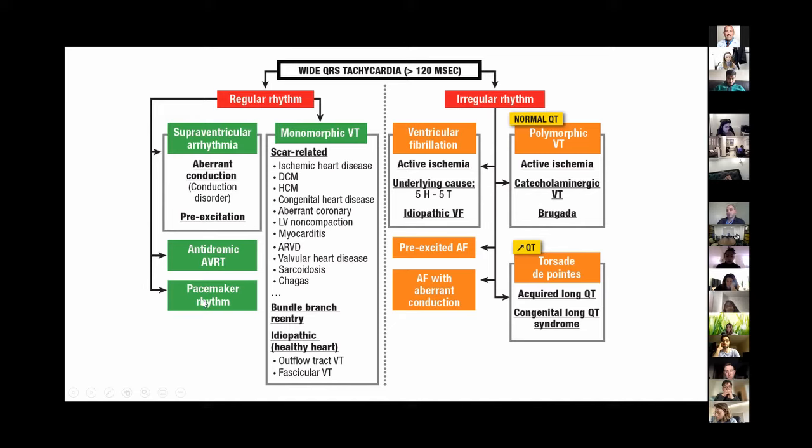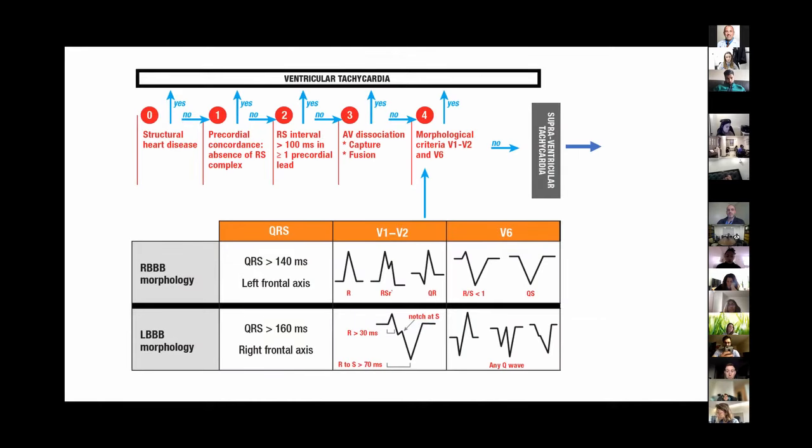And as I told you, something that you shouldn't overlook is pacemaker rhythm, because pacemakers can sometimes cause tachycardias that appear wide. So this will be a really good roadmap for you to commit to memory. And then once you encounter that clinical situation, you can easily narrow down your thinking process.